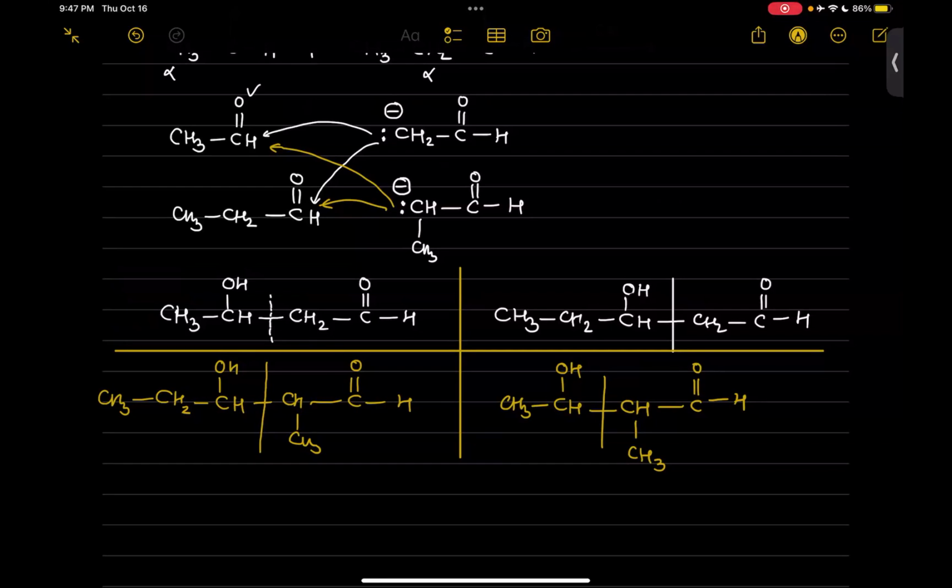Where? This was the double bond O. Got it? Can you see this? Yes. In the original molecule, these were double bond O's. Because these alpha carbons join to this C=O, they have changed to single bond OH. Got it?